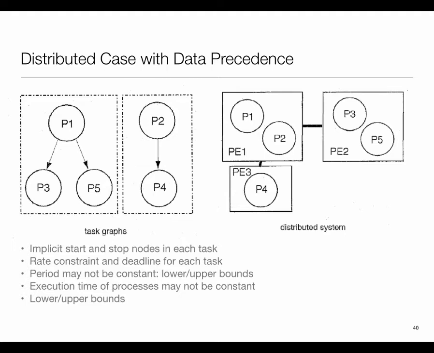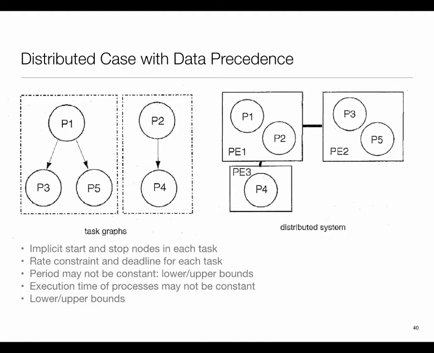P1 could be reading some sensor, and P3 and P5 process that and generate the output. P2 is some other sensor, and its output is processed by P4. I have three processors: processing element 1, processing element 2, and processing element 3, and the question is how we should partition these tasks.